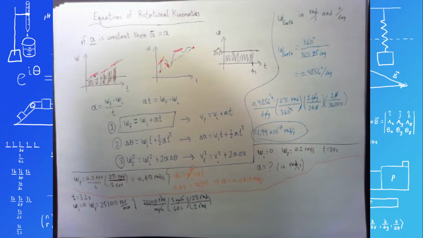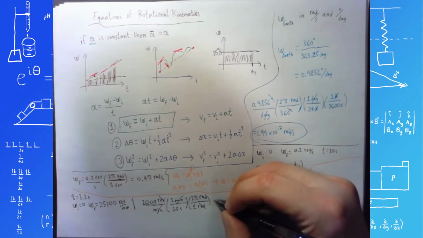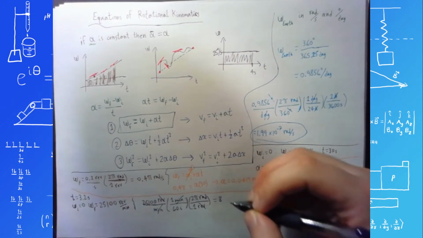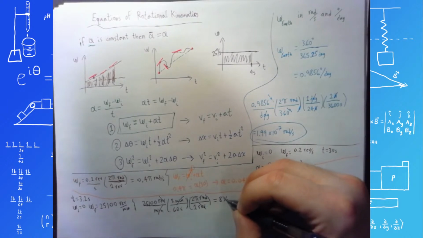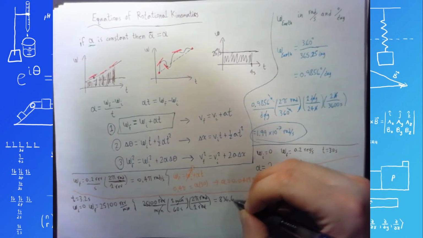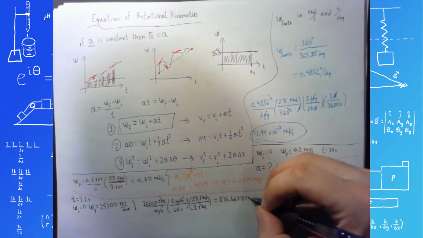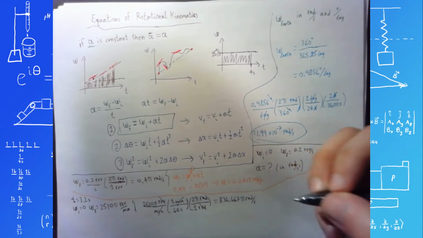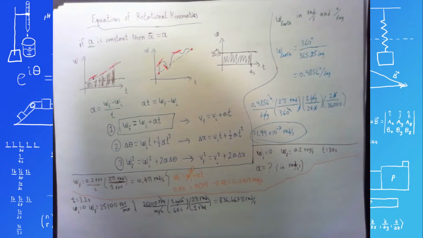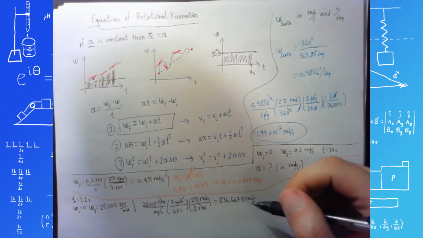So 836 and 2/3. 836.667 pi radians per second. Well, it's not too hideous right now, so I'll keep the pi unsubstituted for now.